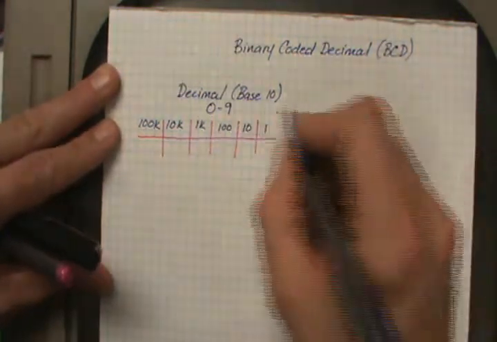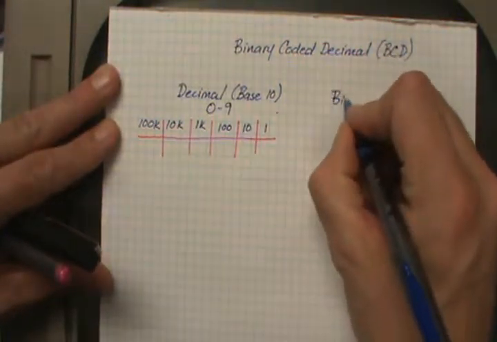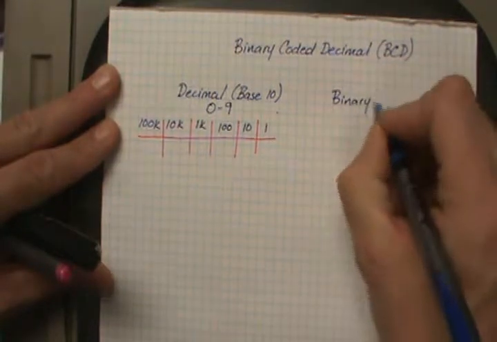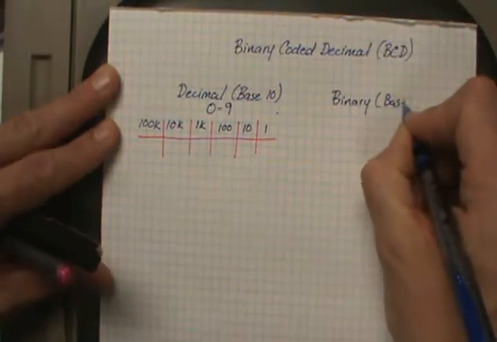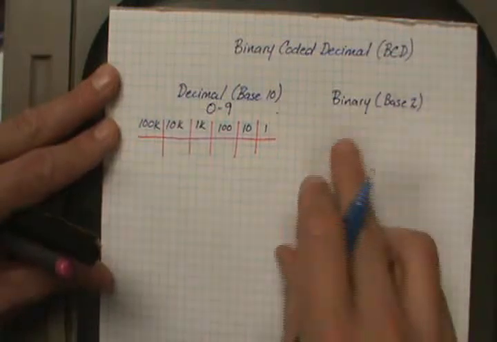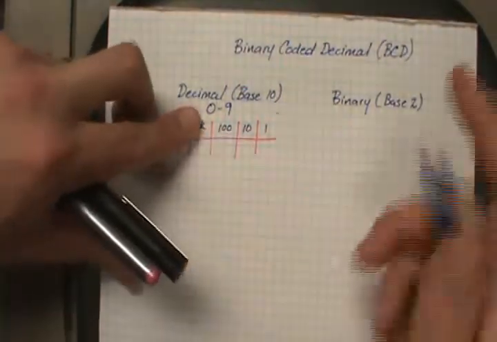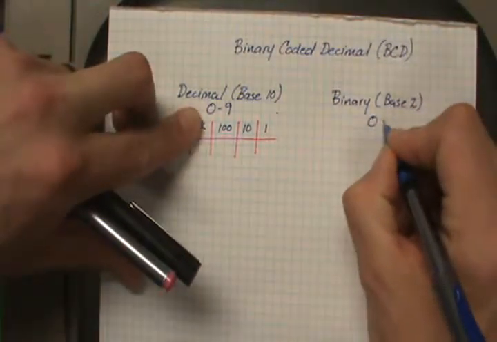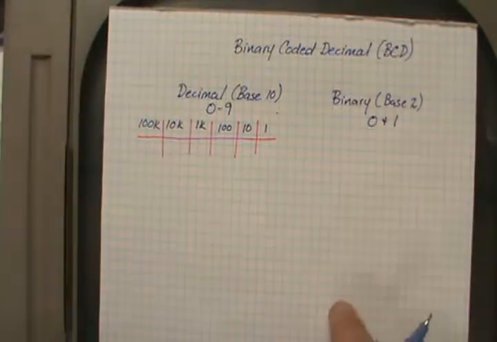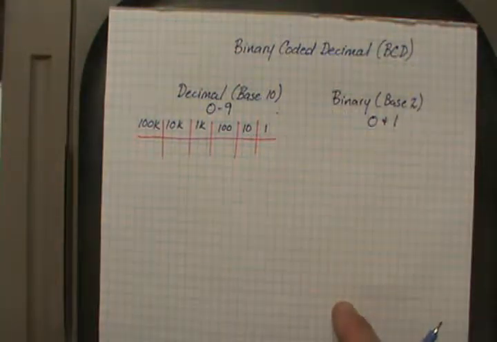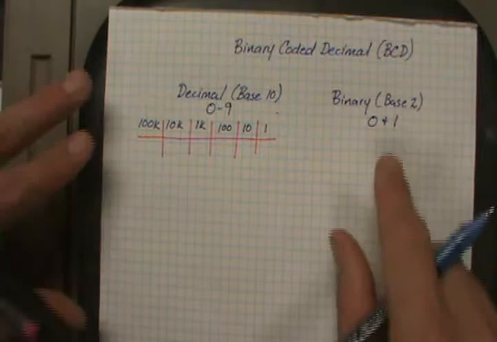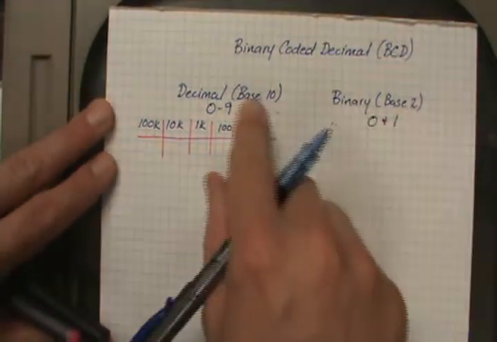In contrast, in our binary, or base 2 system, the digits we use are zeros and ones. The power table is constructed again off of bases of 2, not bases of 10.